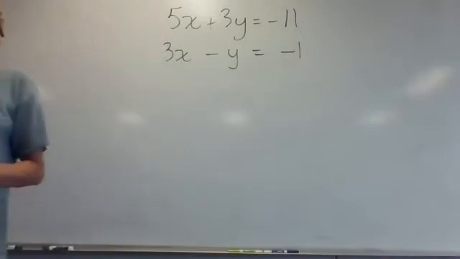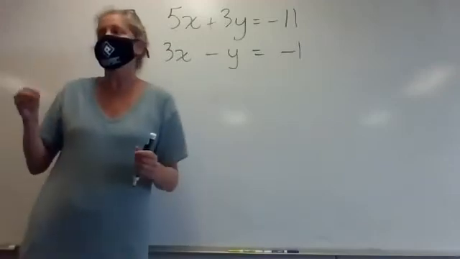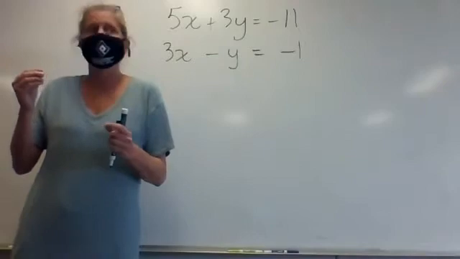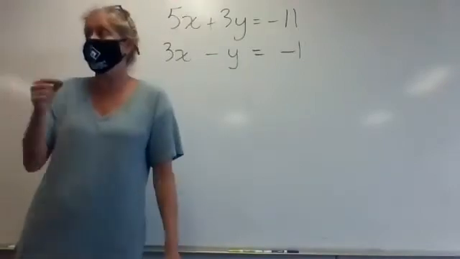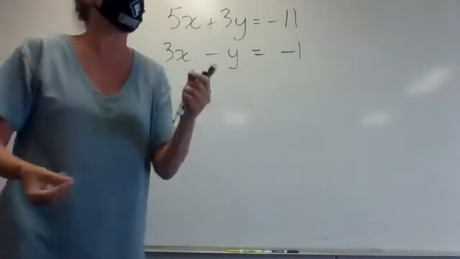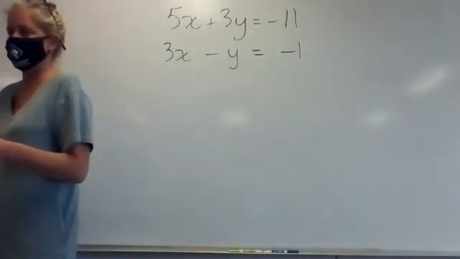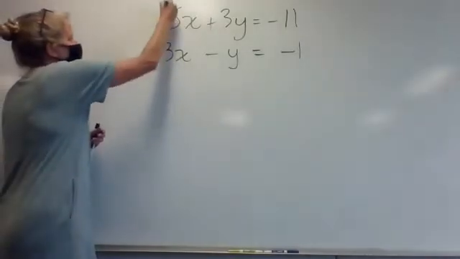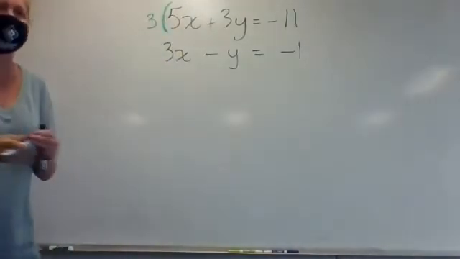5 and 3. So I'm going to think, what is the first thing that 5 and 3 can both turn into by multiplication? 15. Right? I can turn those both into 15s. I just need to make sure I make one of them positive 15 and one of them negative 15. And it doesn't matter which one. So if I want to make this top x be positive 15, I'm going to multiply it by positive 3.